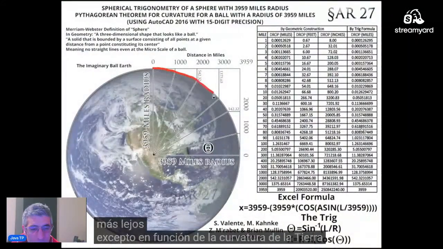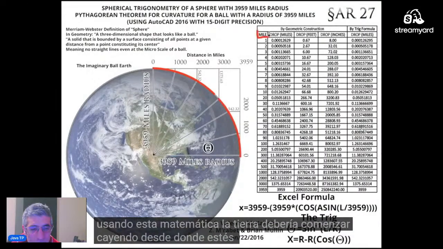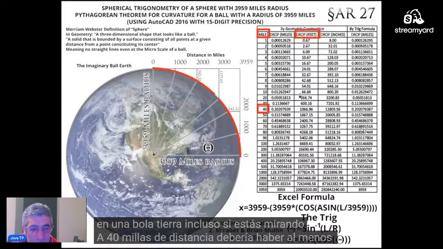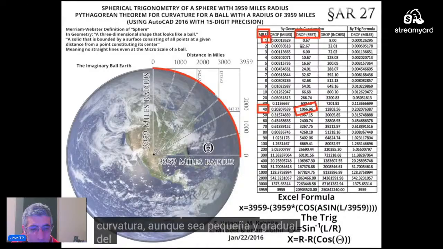Except based on the Earth's curvature using this math, the land should start dropping from wherever you're standing on a ball Earth. Even if you're looking 40 miles out, there should be at least 1,000-foot decline due to the curvature, even if it's a small gradual decline for only a mile.